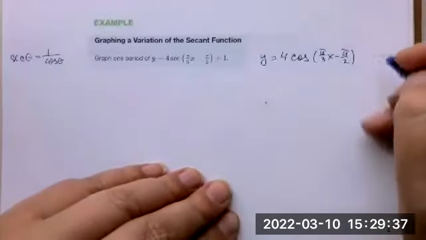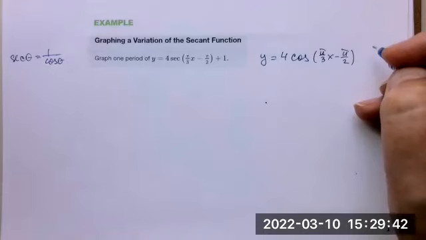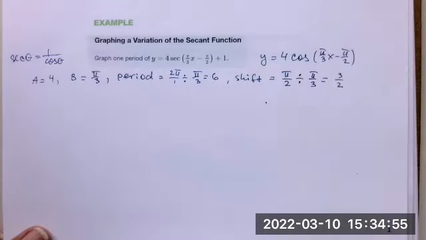All right. Okay. So let's figure out what our parameters are. Let's graph one period of this graph first.